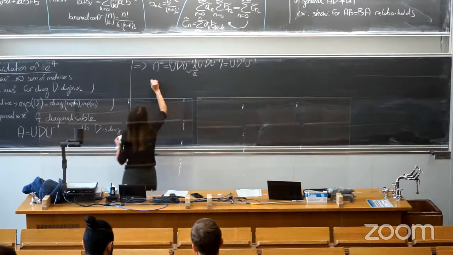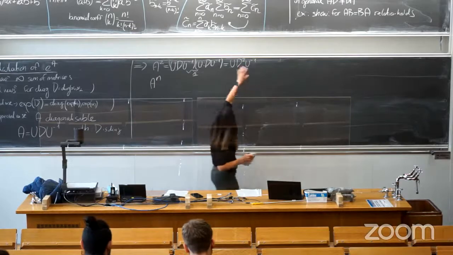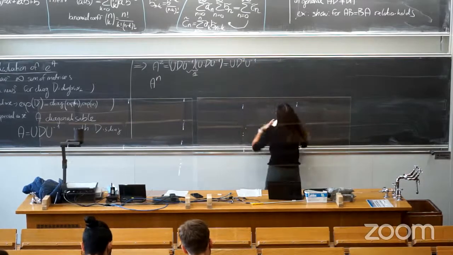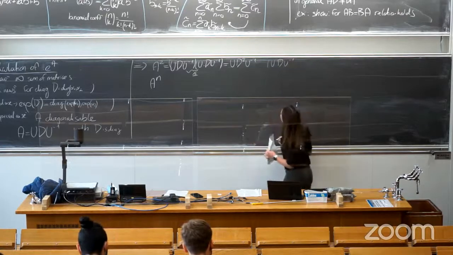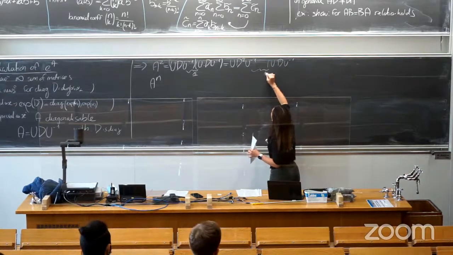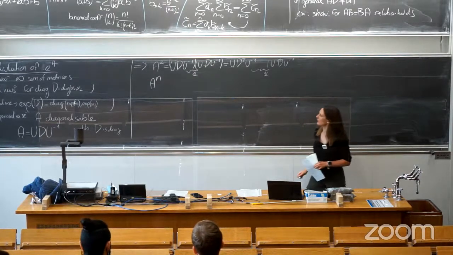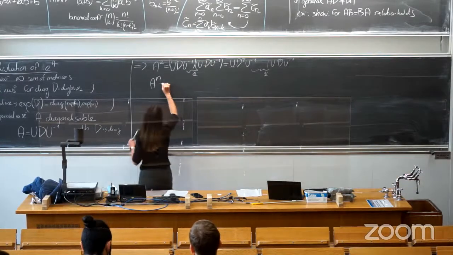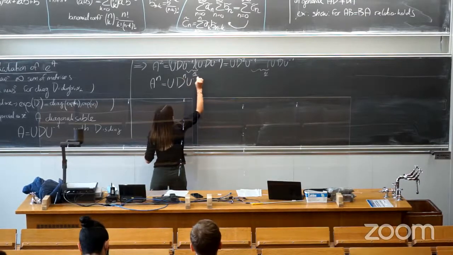What will be for A to the N? Exactly the same. If we multiply U D U minus 1 repeatedly, we will regain the identity in between. And so on. So this will be exactly U D to the N U minus 1.